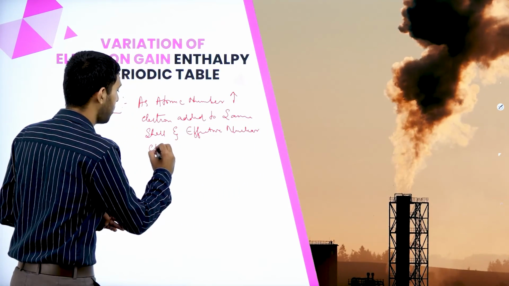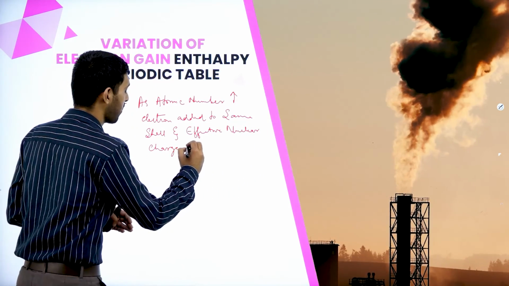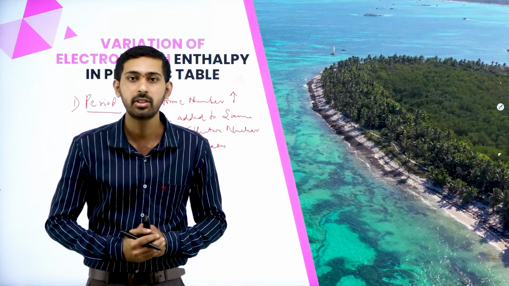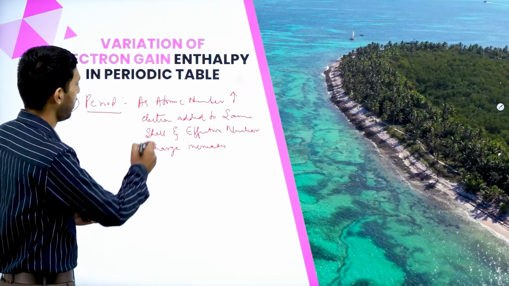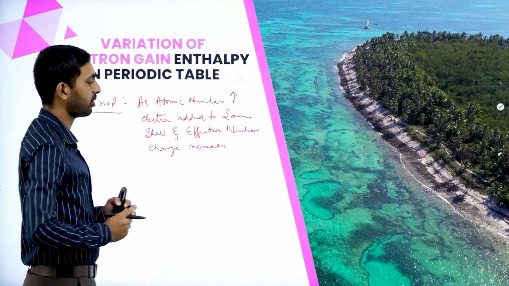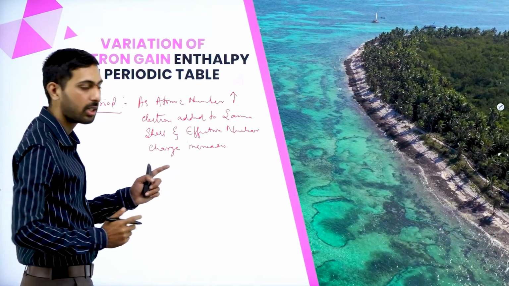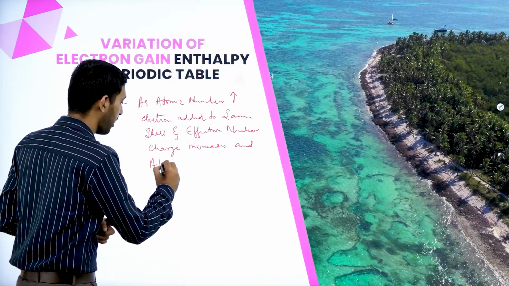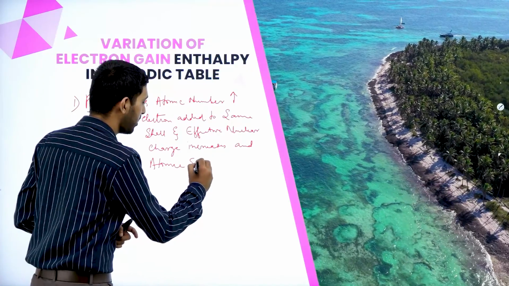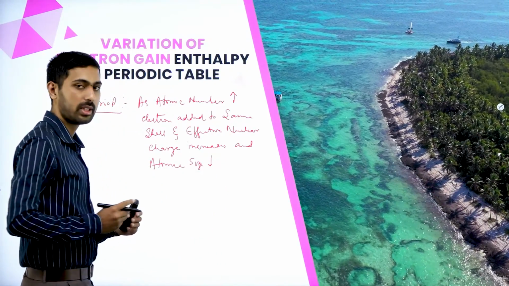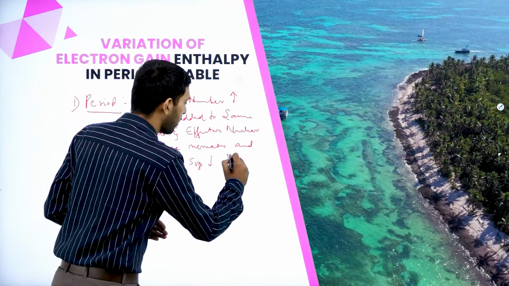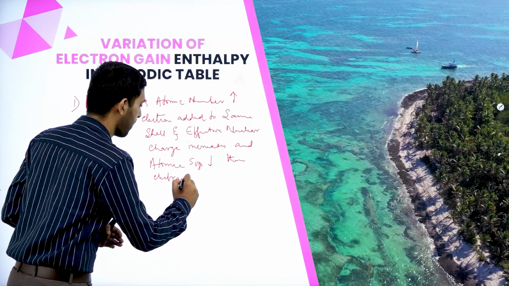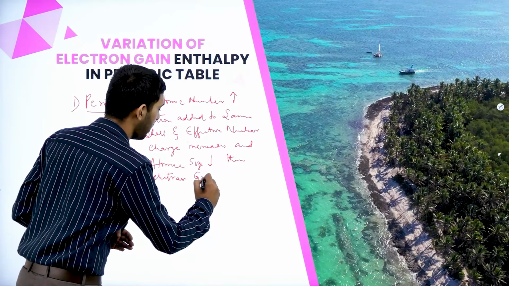When it increases, what will happen to atomic size? Atomic size decreases. Atomic size decreases means electron gain enthalpy increases.